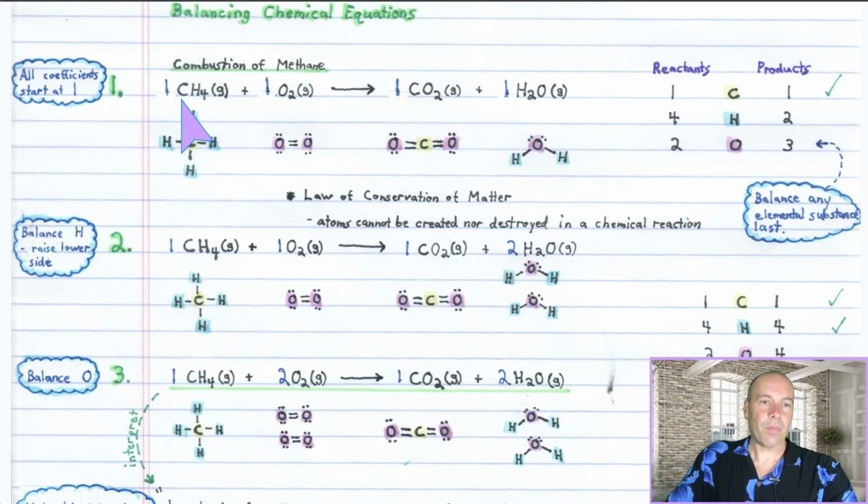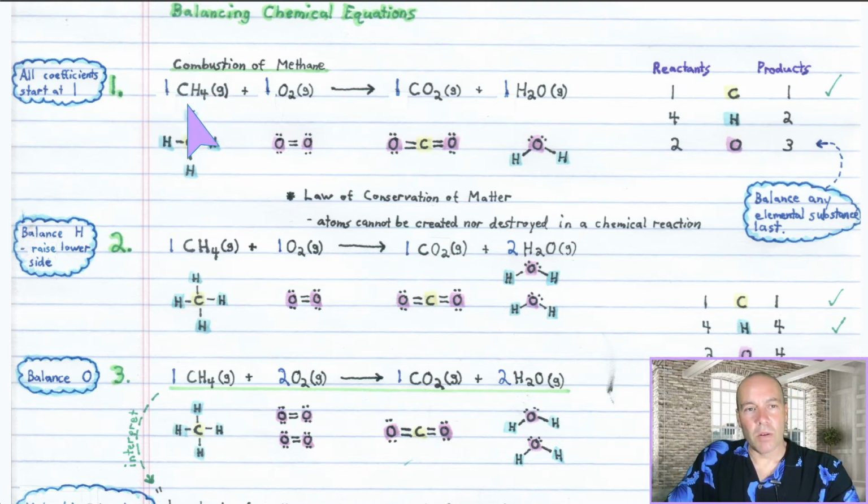So the way you balance a chemical equation is you first start with the substances and you put ones in front of all of the chemical formulas. And then if you draw the Lewis structures for each substance involved and count the elements that you start with and those that you end up with, or the atoms that you have on the left and on the right, you'll see what's going on.